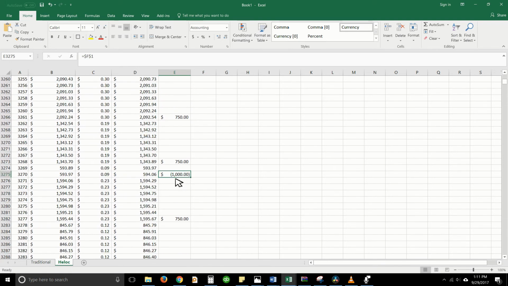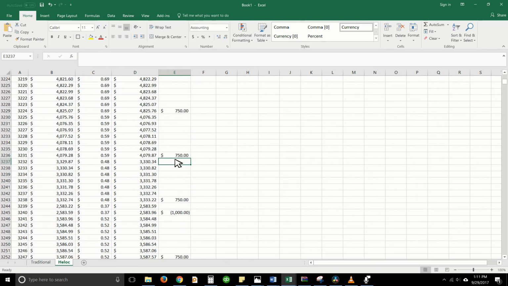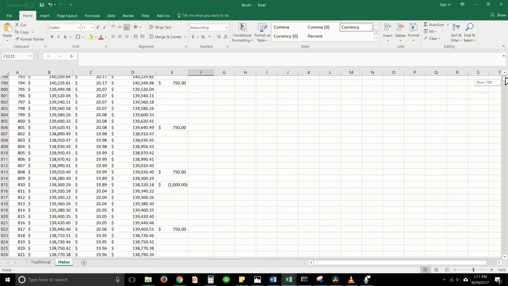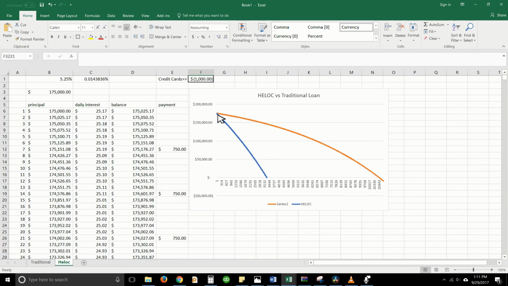Sometimes you're not going to be paying $1,000 every month. It could be only like $300 or $500. So that's an example there. And this line represents how quickly it gets paid off.